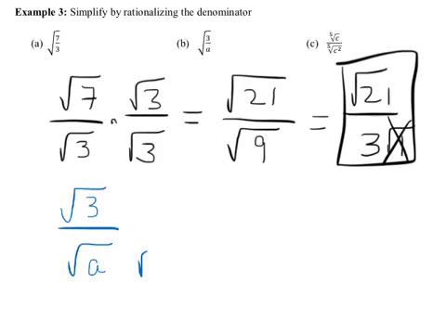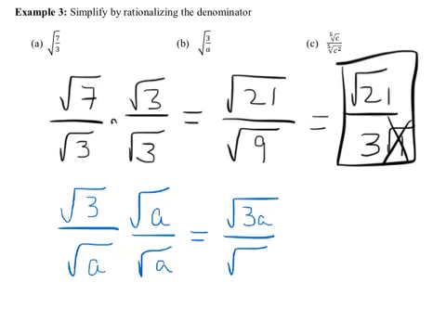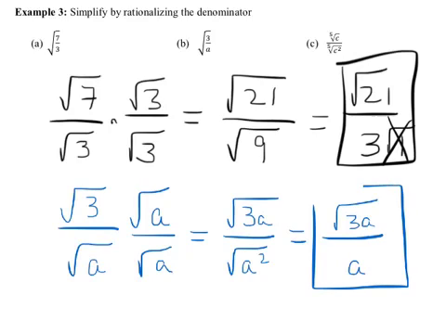Yeah, very good. So let's multiply by root A over root A. Numerator becomes root 3A. Denominator becomes root A squared. But we clearly know the denominator now becomes what, Manny? When I have the square root of A squared. A, God bless you. Just A, very good, Manny. Okay? And that's your final answer for this one.